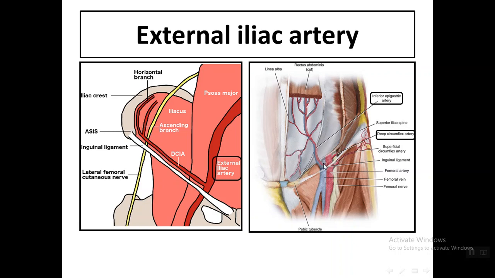Another passes upward and medially, called the inferior epigastric artery, that passes up until it reaches the arcuate line of the rectus sheath to pass in the rectus sheath. So it has two branches, the deep circumflex iliac artery and the inferior epigastric artery. As we see here, the inferior epigastric artery is medial to the deep inguinal ring.